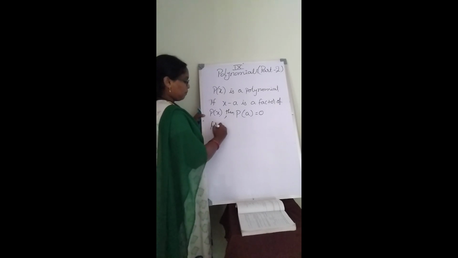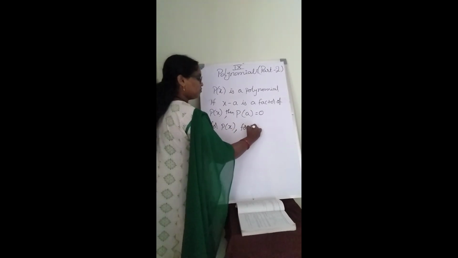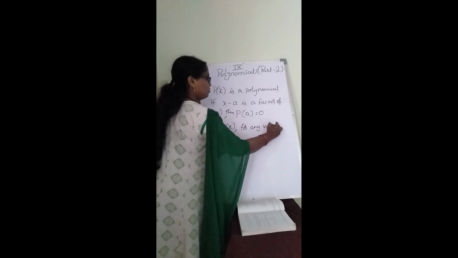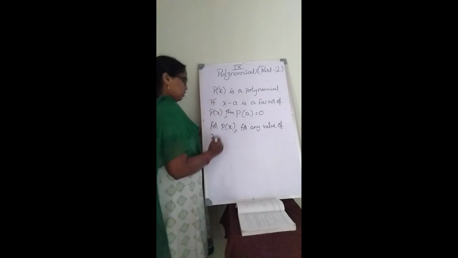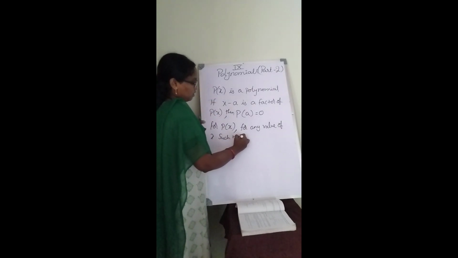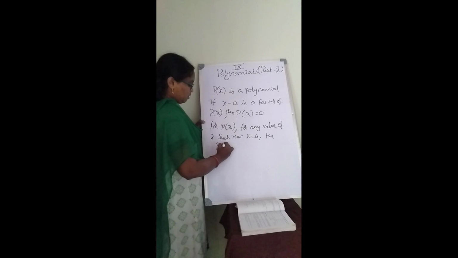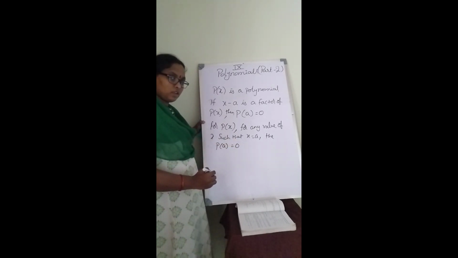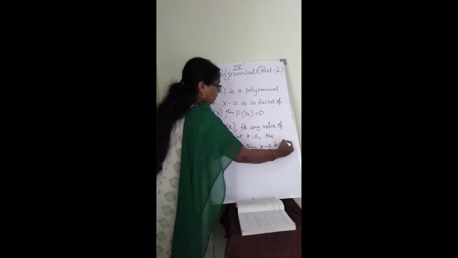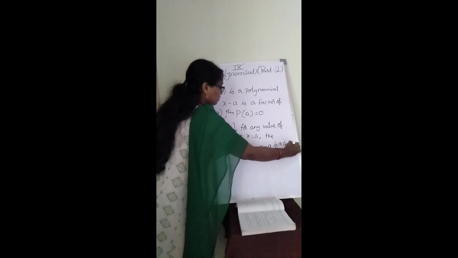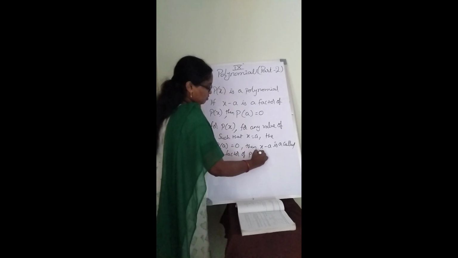For p of x, for any value of x such that x is equal to a, if p of a is 0, then x minus a is called a factor of p of x.